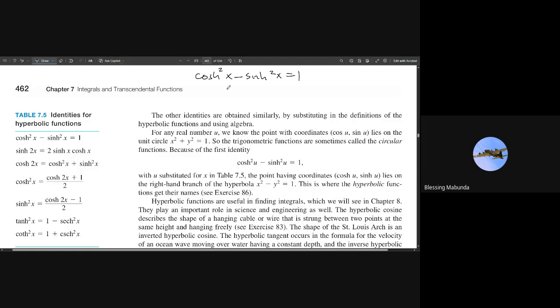What you will then do is bring out the tanh by dividing by cosh squared x, and you do that throughout this equation. So it's going to be 1 minus tanh squared x, and this is equal to the hyperbolic secant squared. So you can see how this here comes out from just starting with this identity here.